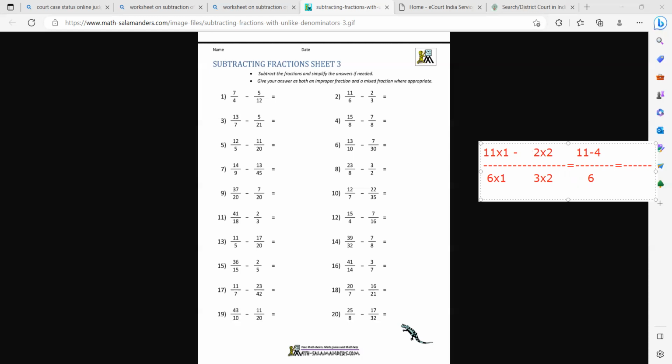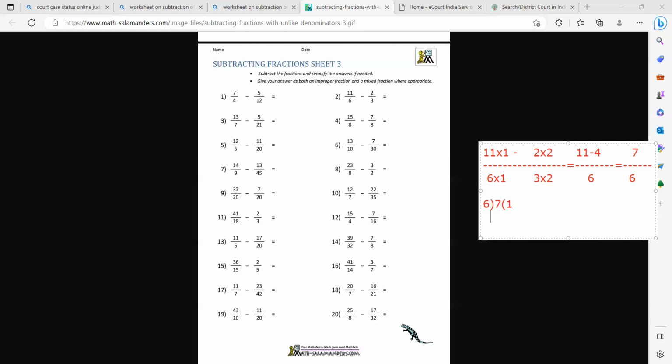We have 7 by 6. Since 7 and 6 cannot be divided by any other number, we just have to convert it into a whole number and a fraction, a mixed fraction. 6 ones are 6. 7 minus 6 is 1.